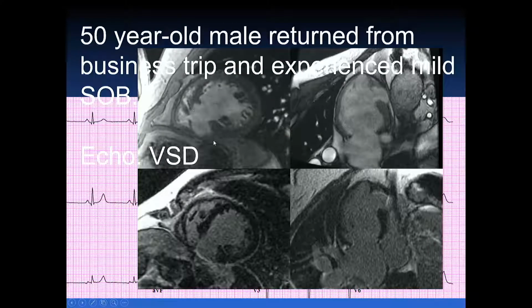This is the septum, this is the inferior wall, and the septum here. But most interestingly, the VSD here, you can see the hole here, the septal defect here, but the surrounding myocardium is markedly thinned out. It looks like there is a replacement fibrosis. Now, when we actually perform late enhancement, you can see the thinned out myocardium is actually a piece of scar.